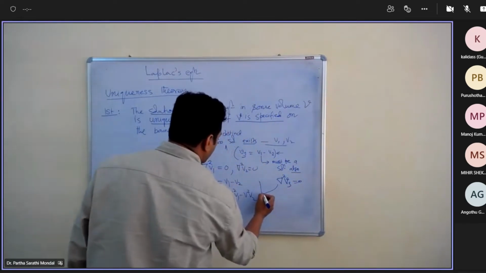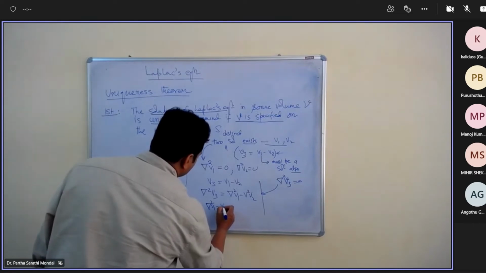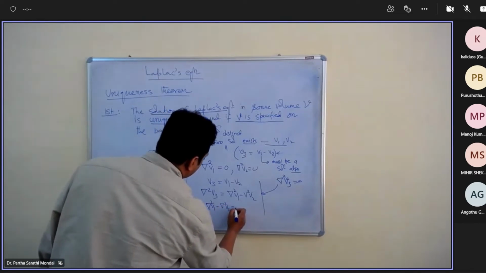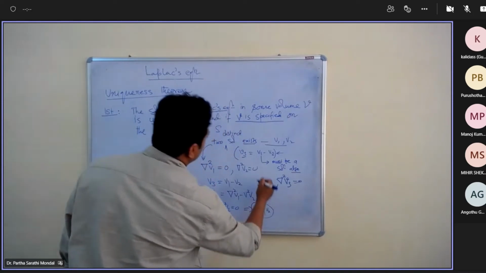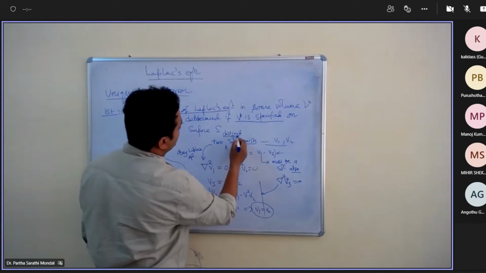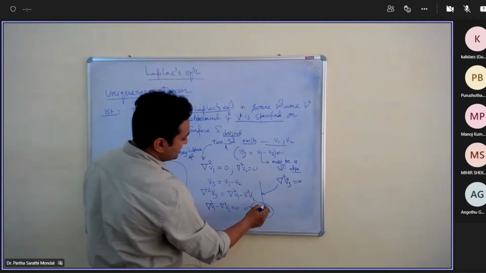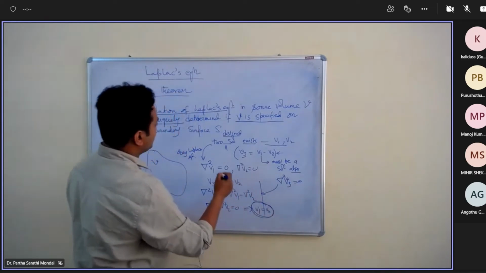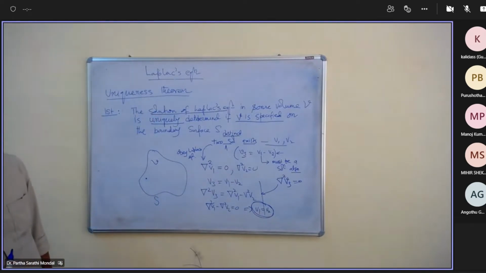Now, if I put this in, del square V1 minus del square V2 should be 0, which will give you V1 equal to V2. So whatever we considered earlier, that there are two distinct solutions, going forward it seems they are not distinct, they are equal. That is how it gives you a unique solution. Is the logic clear?